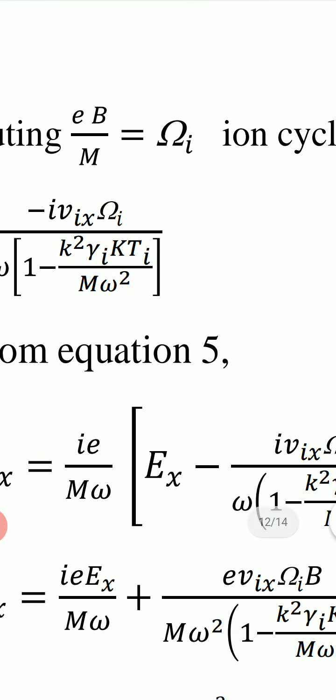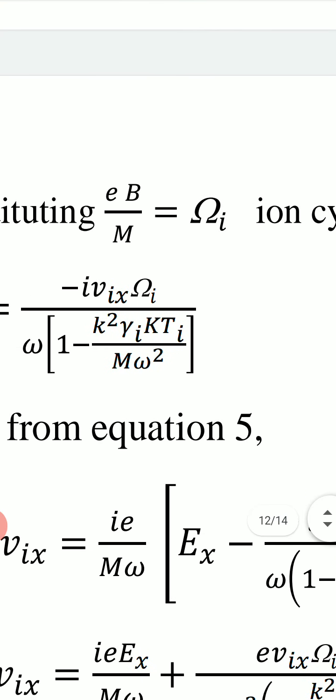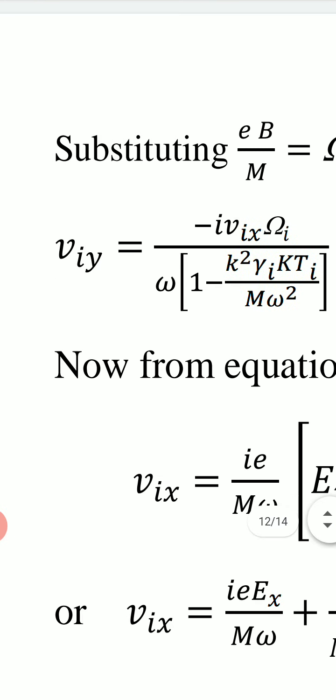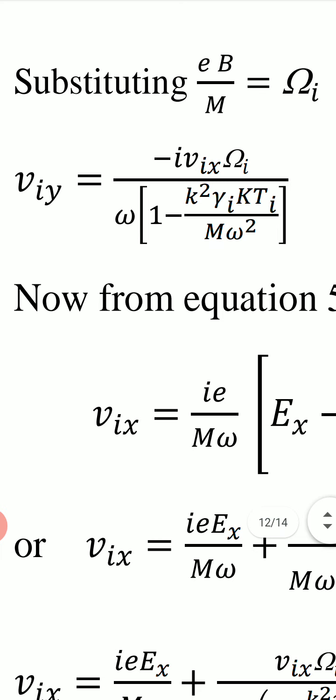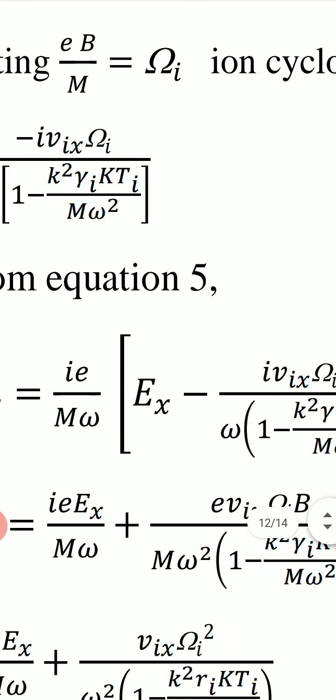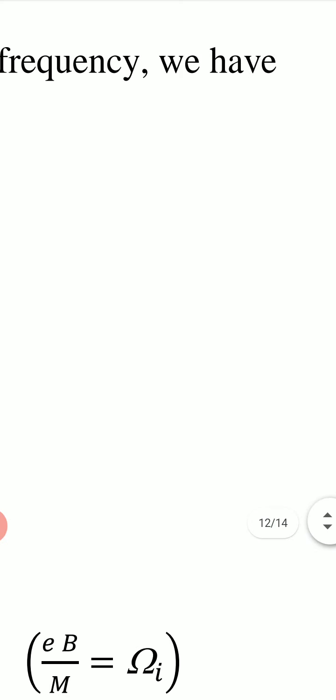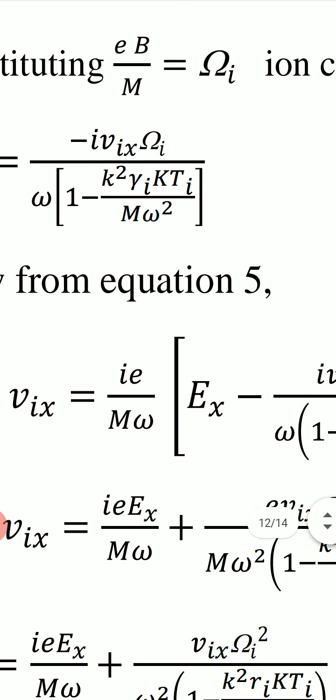The ion cyclotron frequency is EB upon capital M. We write it as omega I. Then VIY becomes minus I VIX omega I upon omega into 1 minus k square gamma I K Ti upon m omega square. Write this as equation 7.